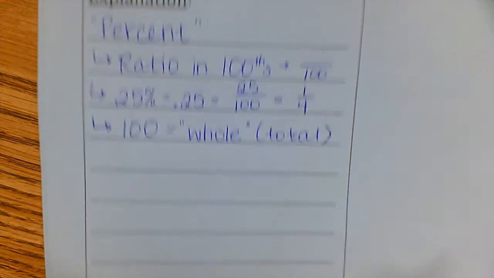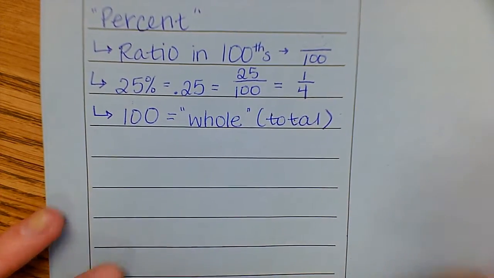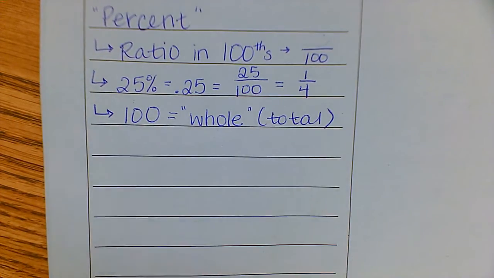So what we're going to see today are a couple things. We're going to be doing a bunch of problems where they're asking us to find the percent, to find 50%, all this stuff. And so we're going to talk about the 3 different ways that they're going to ask about these problems.